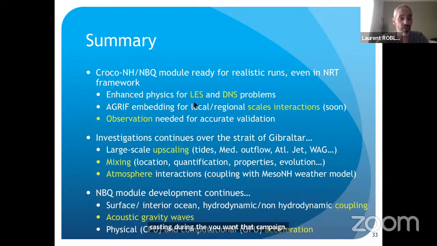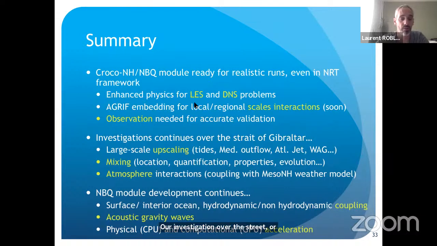It features enhanced physics for LES and DNS problems, and nesting capability for studying scale interactions. Of course, we still need observation to validate all these findings. That is the object of new campaigns coming soon, and we'll continue our investigation over the Strait of Gibraltar.